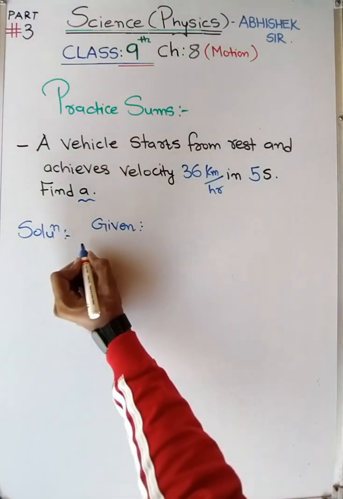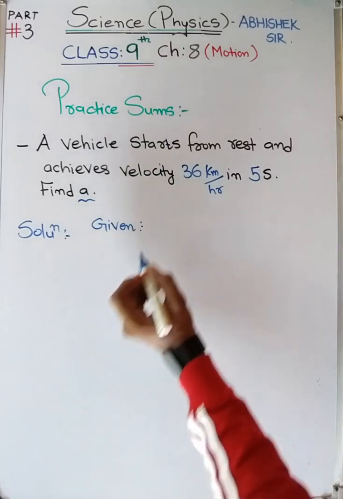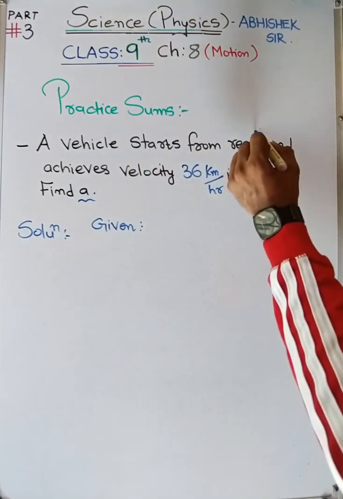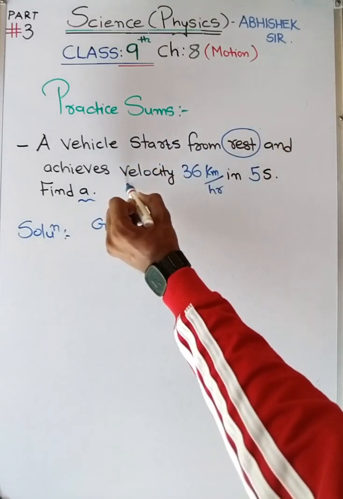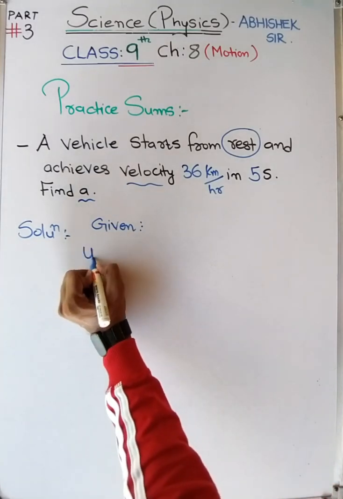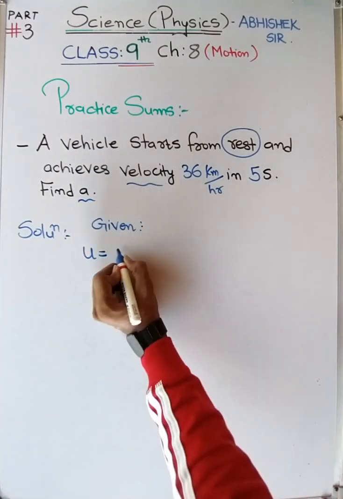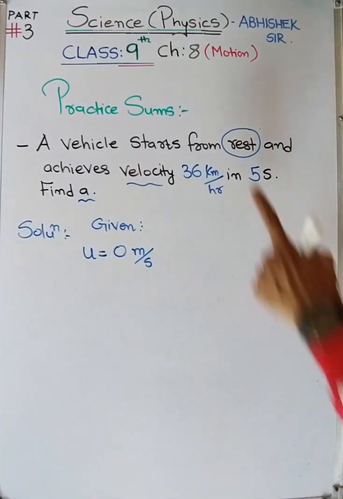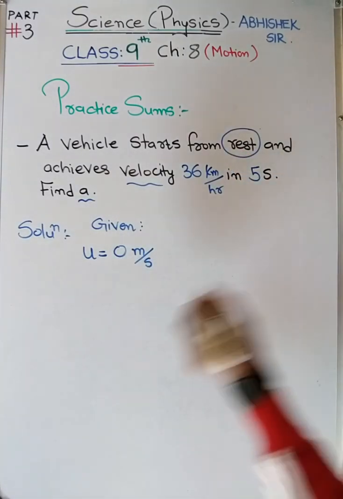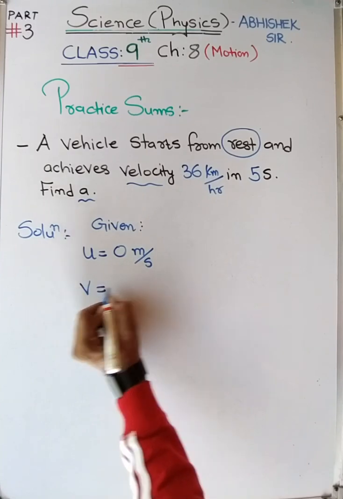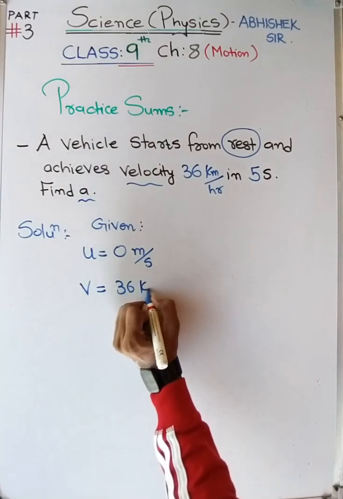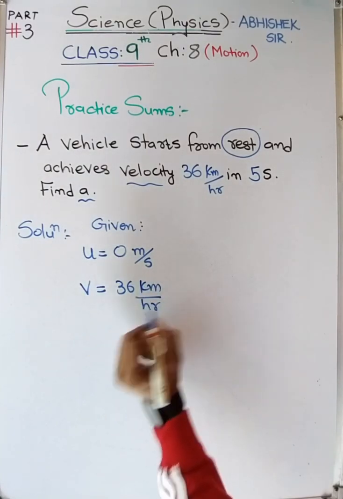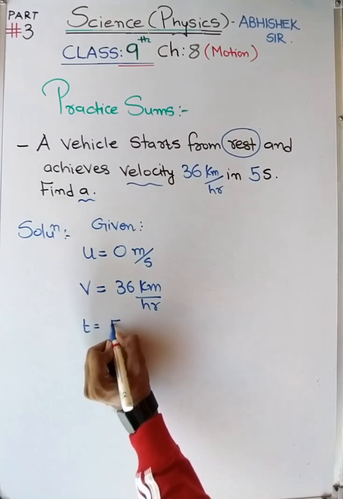So what is given first is velocity, and you see starting from rest and then achieves, that means initially the vehicle was at velocity 0 meter per second. Note that the word rest is very important. Now the final velocity given is 36 kilometer per hour and time given is 5 seconds.